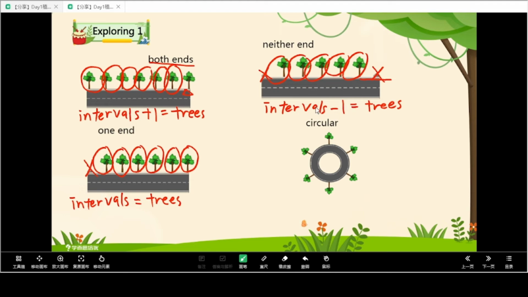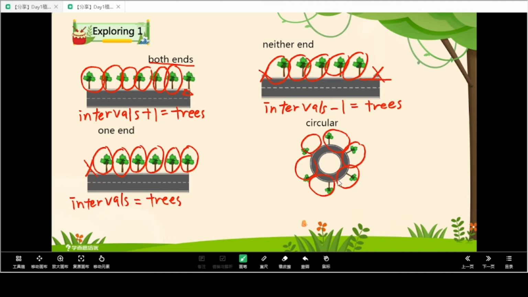Okay, and for the circular road, what happened? The number of trees is also equal to the number of intervals. Let's see, there are 6 trees and 6 intervals, and we package them together. 1, 2, 3, 4, 5, and 6.